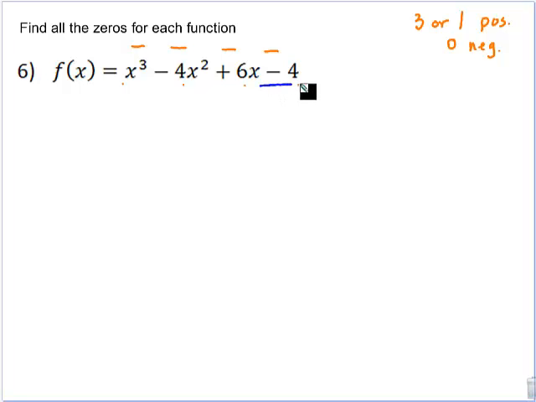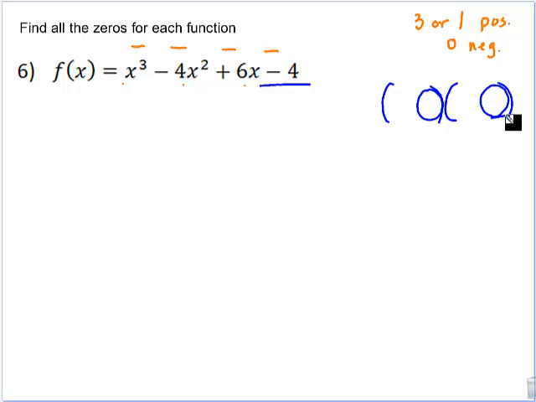So our last number here is negative 4. Think about when you factor. If you have 2 factors here, how do you always get the last number? It's the multiplication of the last 2 numbers, right?